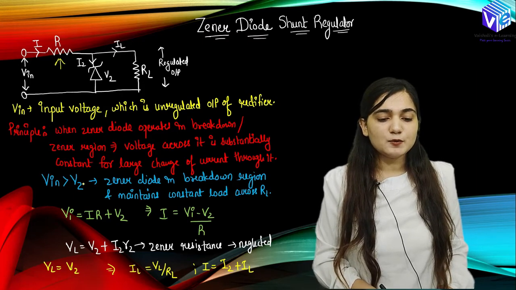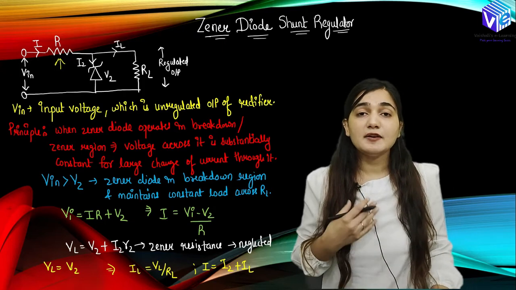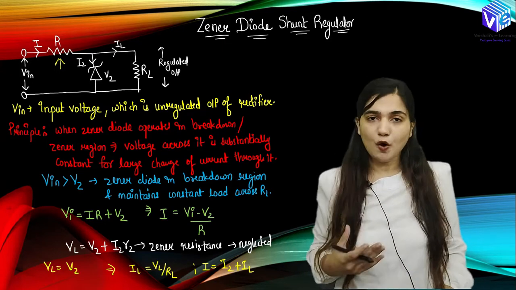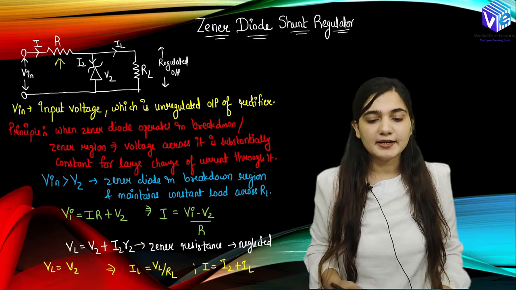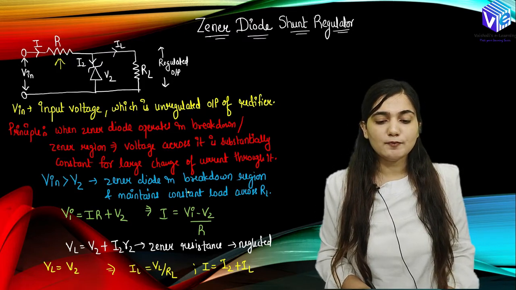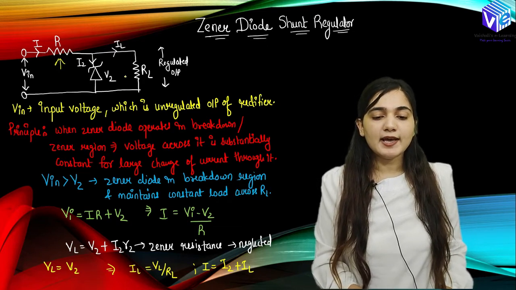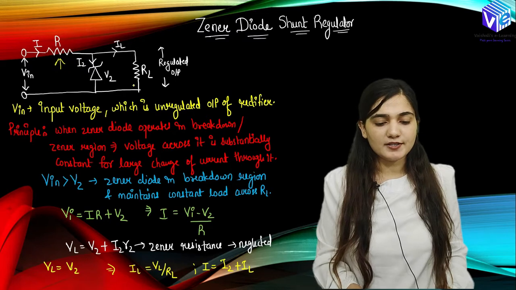If Vin is very high, greater than Vz, where Vz is the breakdown voltage, obviously the diode will go into the breakdown region. So the Zener diode will be working in the breakdown region and it is going to maintain a constant voltage across RL. So the load voltage VL across this RL is going to be constant, right?